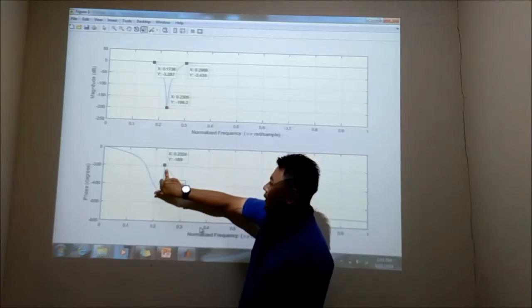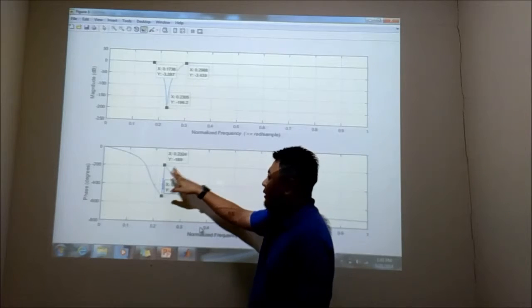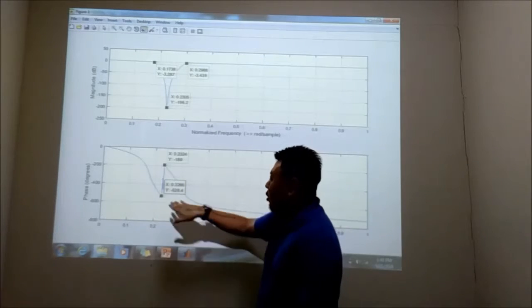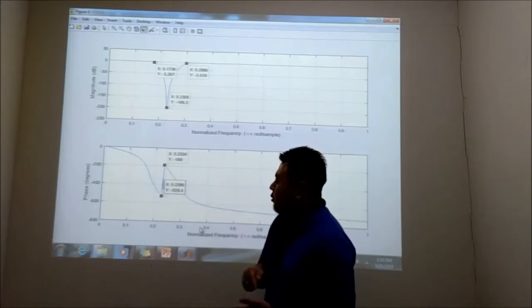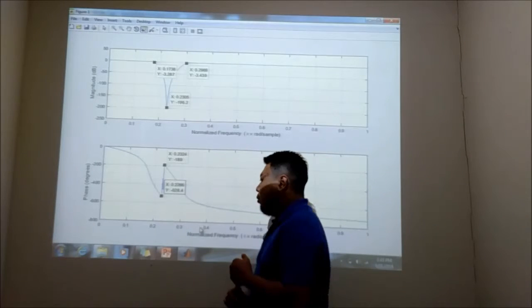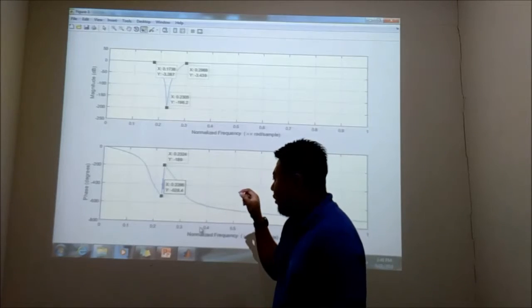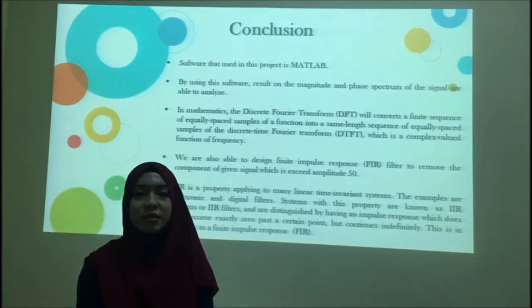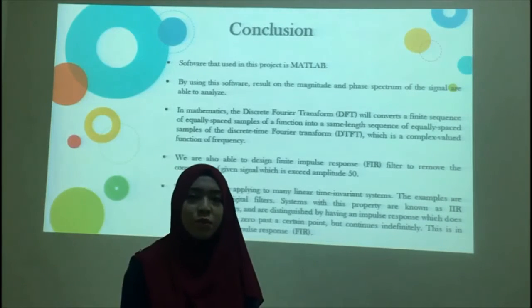For the highest, we get the value at X 0.2324 and Y is -189. For the lowest, we get X equal to 0.2266, and Y is -528.4.